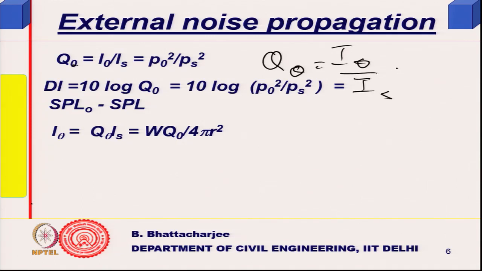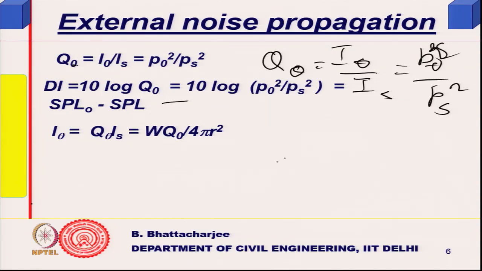That was the directivity index, or directivity factor, which can be written in terms of p theta square divided by p s square, where p s stands for sound going equally in all directions. Now, p theta stands for the measured pressure along a given direction.